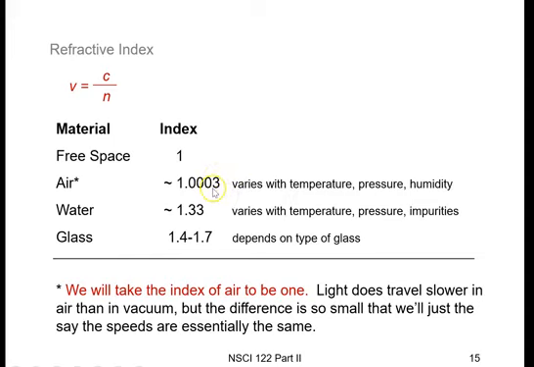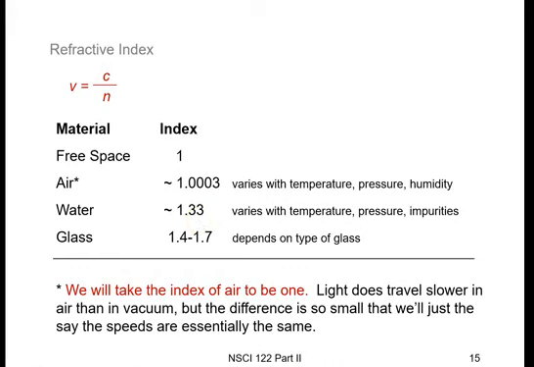Now this is so close to 1 that usually what we'll do is say the index of air is just 1, just like free space. So for light, air and free space are essentially the same thing. In fact, the wavelength of light in air is essentially the free space wavelength. Now, if you get into something like water, then the index does go up, and you can't make that approximation. It's typically about 1.33 for water.